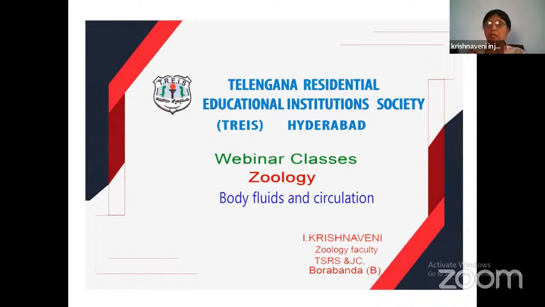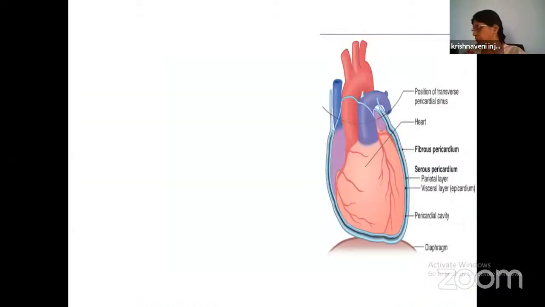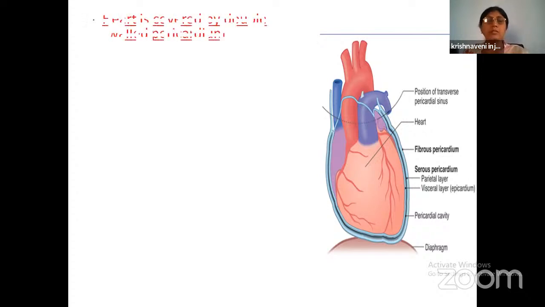The next, we are going to discuss about the structure, internal as well as external. This is the diagram of the external structure. Heart is, I think all of you know about the heart in your lower sections. Already you have learned it.